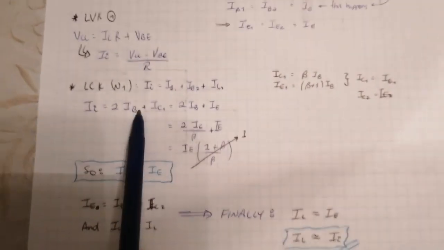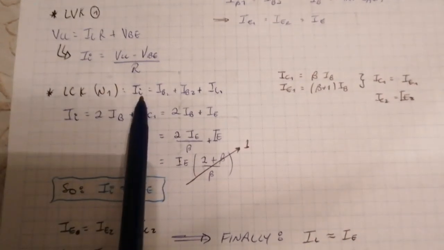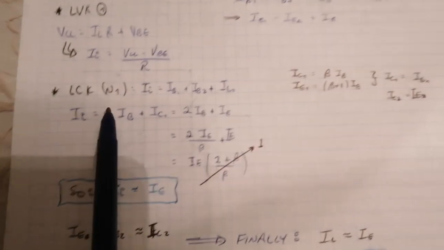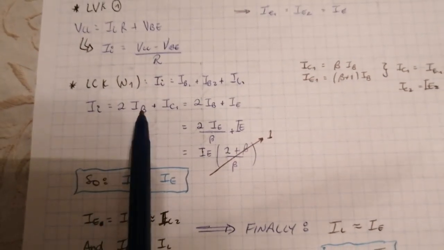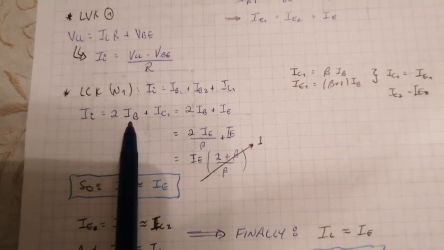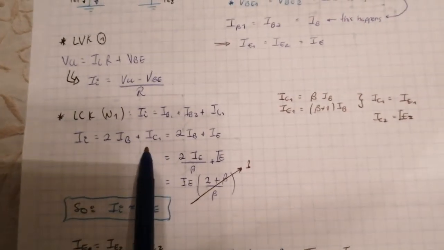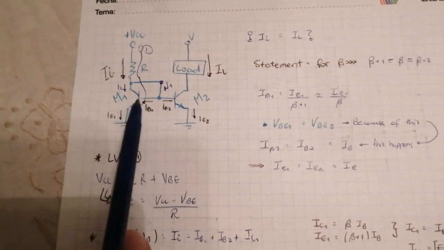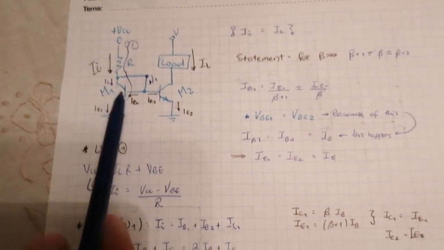So the entrance current is going to be 2 times the base current plus the collector 1 current, this small current that's entering the collector of the transistor.